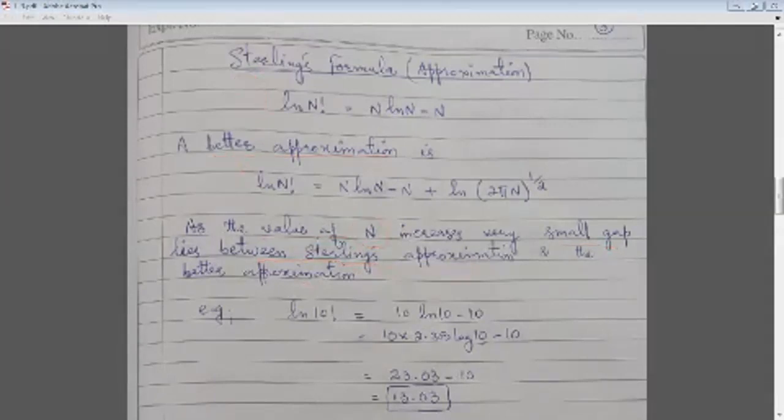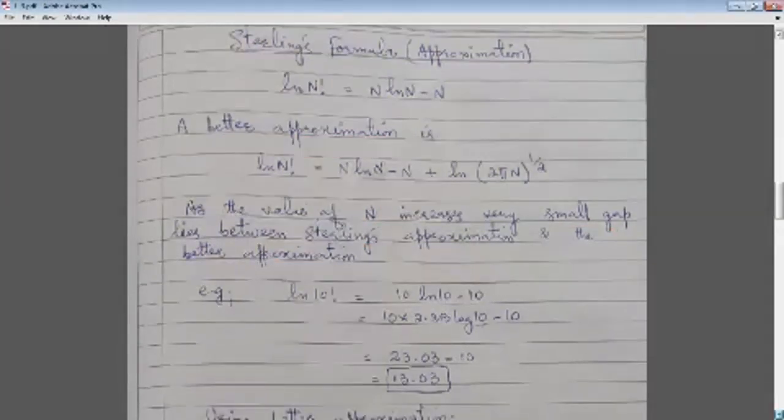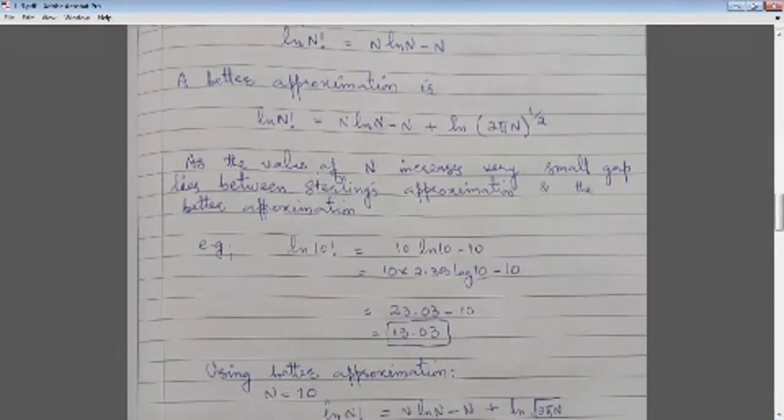For example, you are supposed to calculate ln of 10 factorial. You will simply write 10 ln 10 minus 10. You know natural logarithm is basically equal to 2.303 times log. So in place of natural logarithm, you will simply put 2.303 into log, and here you will introduce the value 10.